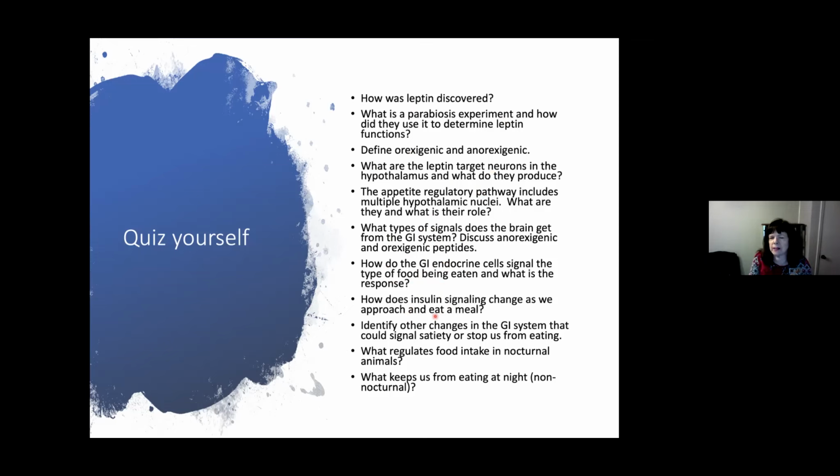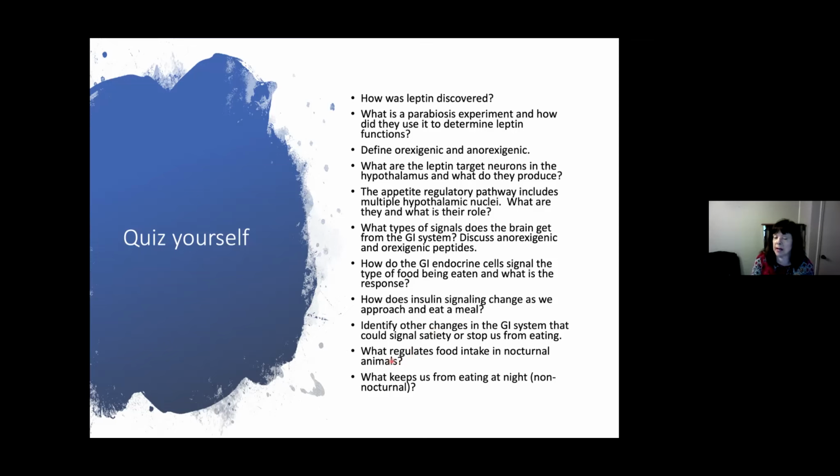And how does insulin? There's the pancreas, which is part of the GI system. And of course, it signals as we approach a meal and after we eat a meal. And then all the other things in the GI system that could stop it, for example, stretch receptors.